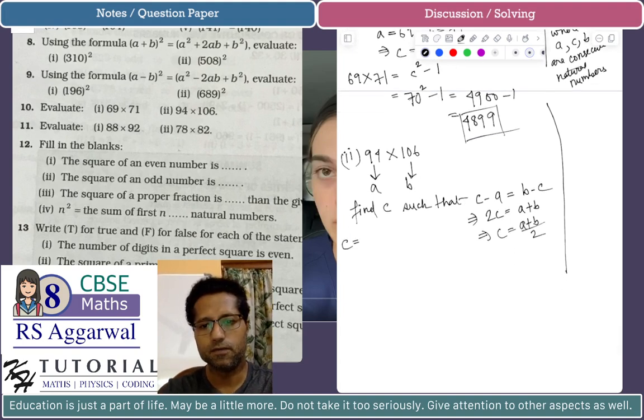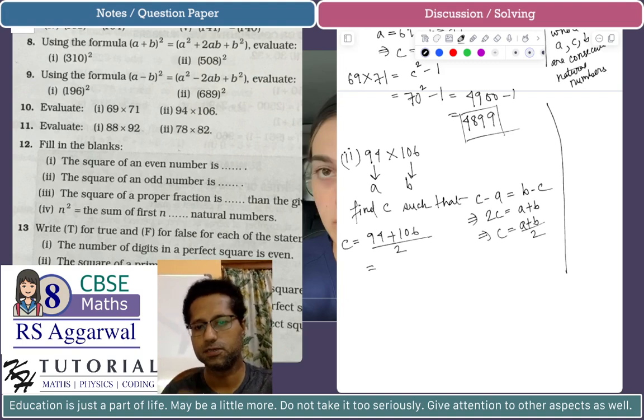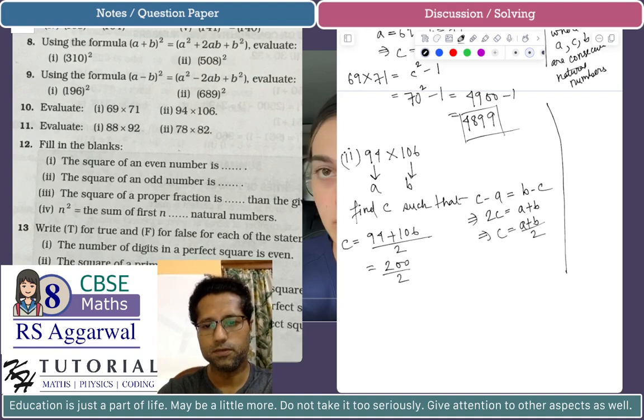In this case it will be 94 plus 106 divided by 2. 94 plus 106 is 200, divided by 2, which is equal to 100.